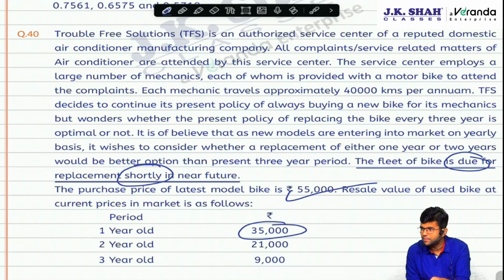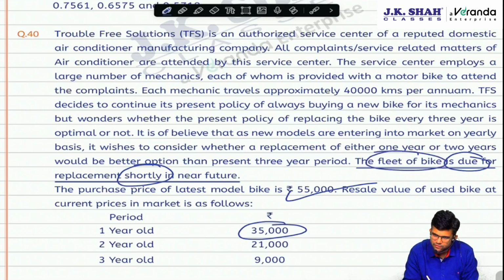Now a new bike we are buying. That new bike that we are going to buy, should you replace that new bike in 1 year, 2 years or 3 years? Understood the question? Now the interpretation that I have taken is that I am thinking of this fleet of bikes only. Should I replace this bike in 1 year or 2 years or 3 years? Everybody clear?